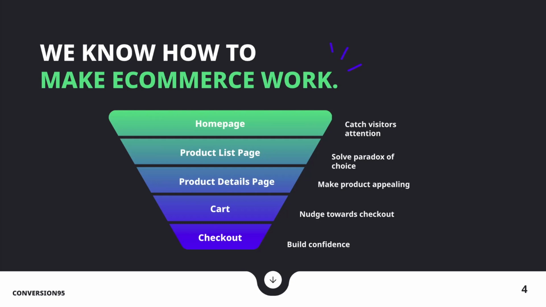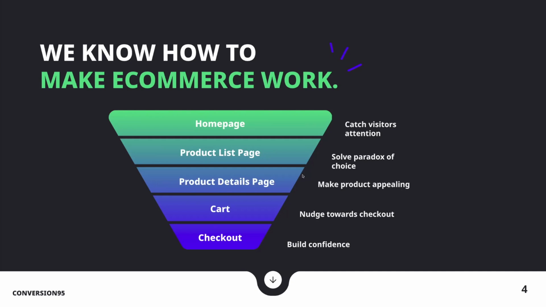And I wanted to showcase also a small overview of the framework, or our approach, to optimizing e-commerce businesses in general. So how do we do it? We look at it like a backwards triangle. So we start from the homepage as the most broad area.